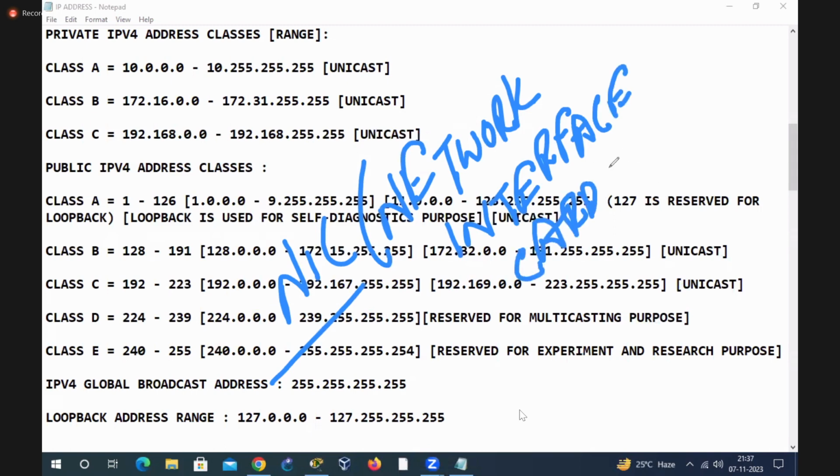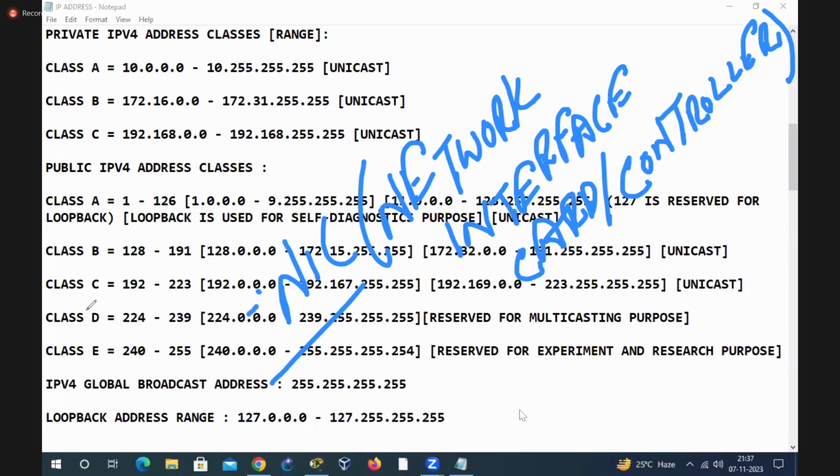You can transmit data, you can receive data. If this card or controller is not working, then you cannot communicate. So it is always required that your NIC is in working condition.